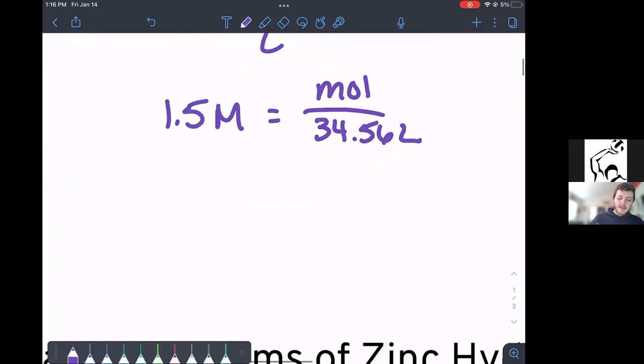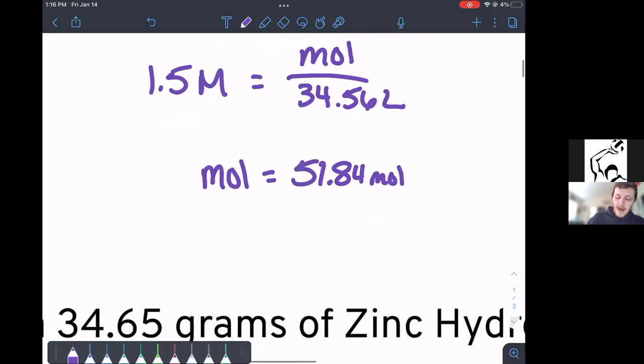If we go ahead and solve for the number of moles by multiplying both sides by 34.56 liters, we're going to get the number of moles is equal to 51.84 moles. Granted, we have to worry about sig figs again, so we have 2 significant figures in molarity and 4 in liters, but we want the lowest number, so we have 52 moles of lithium carbonate.